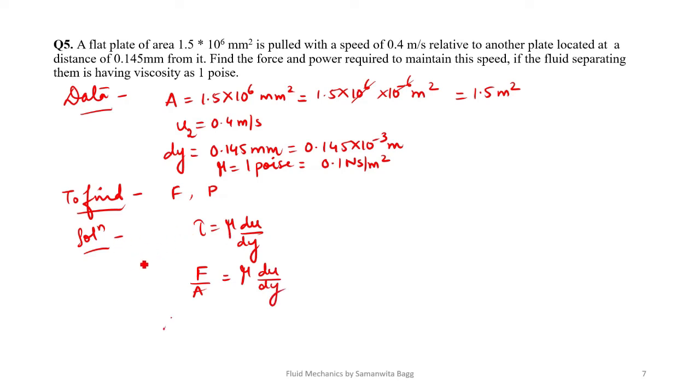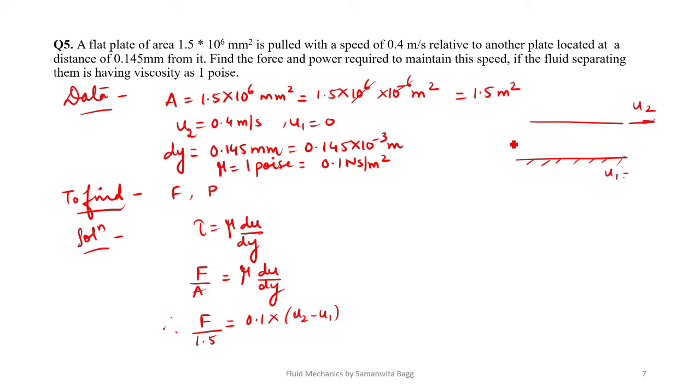Now when I substitute, force is unknown, area is 1.5, mu is given as 0.1, du will be u2 minus u1. u1 is 0 because there is a fixed plate and there is another plate here which is being pulled by the velocity u2.